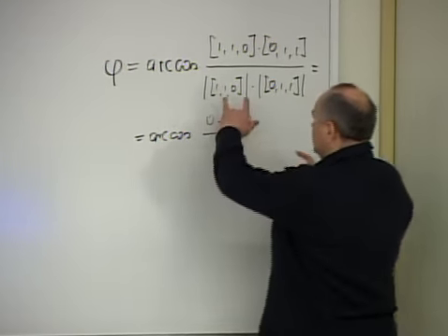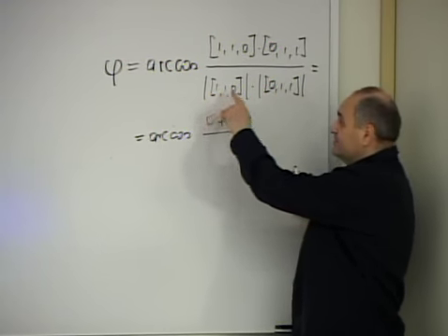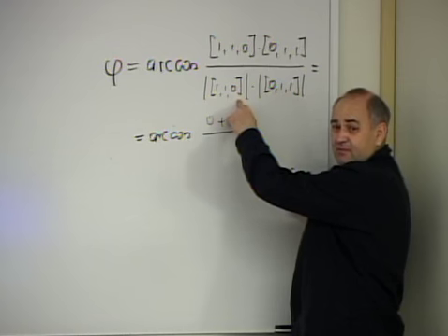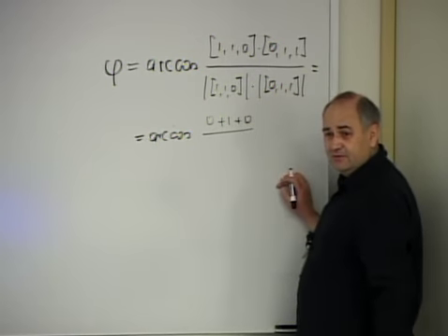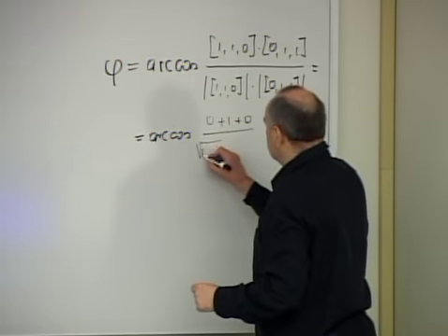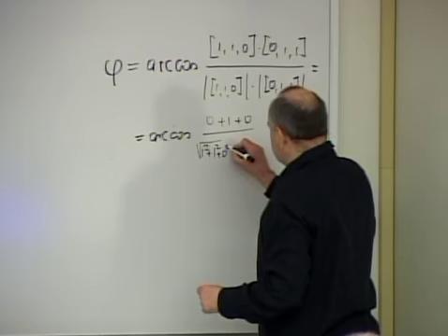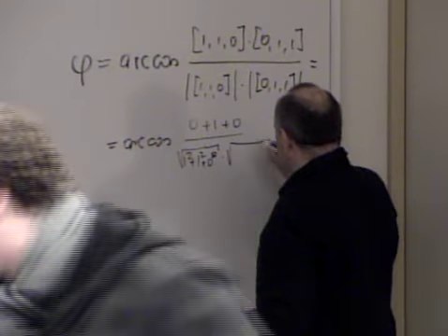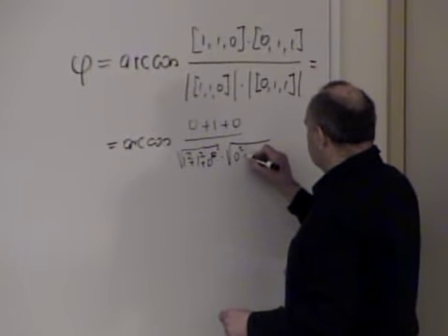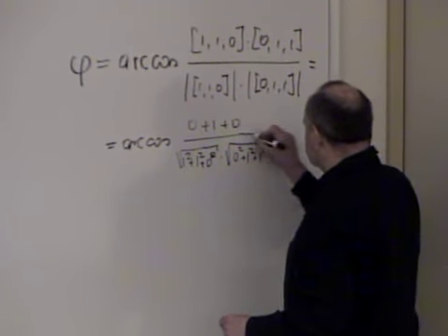And in the denominator, to find the magnitude, we have to square the first component, square the second component, square the third component, add them, and take the square root of that. So it is 1 square plus 1 square plus 0 square, times the square root of 0 square plus 1 square plus 1 square.